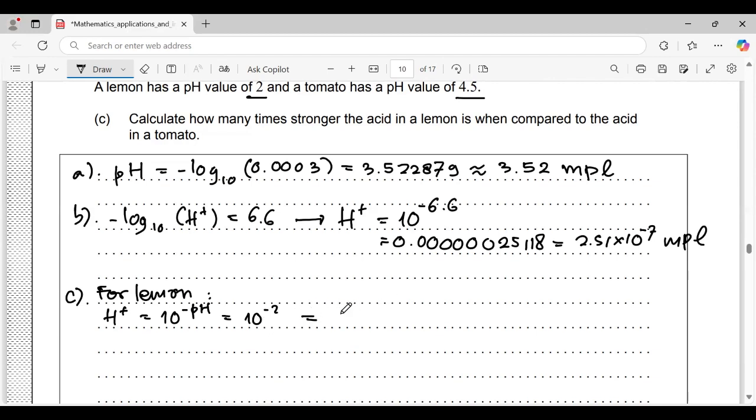And it is 0.01 moles per liter. Next, for a tomato.